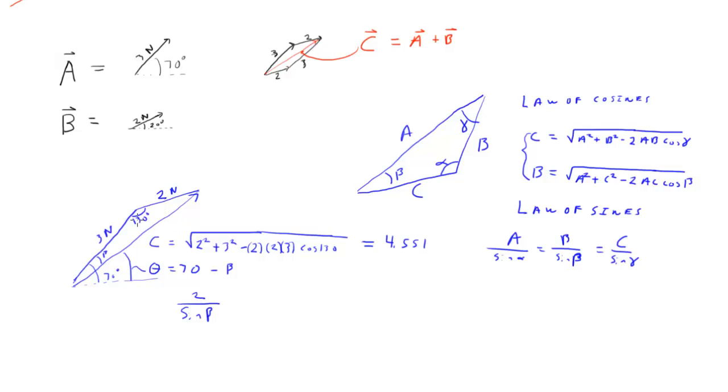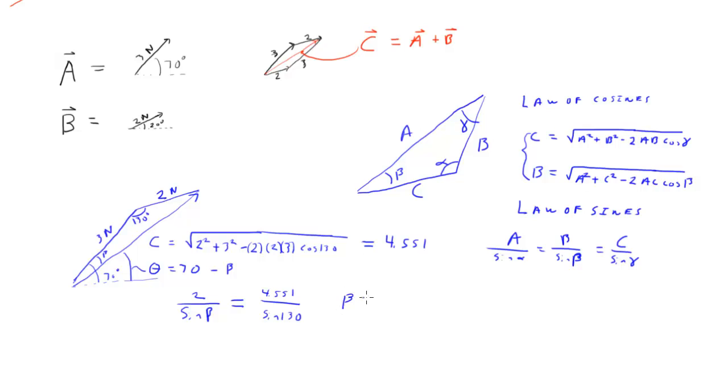The length of a side over the sine of the opposite angle, equals the length of this side, which is 4.551, over the sine of 130. And of course we could flip that around if we wanted to, right? We could say sine of beta over 2 is sine of 130 over 4.551.